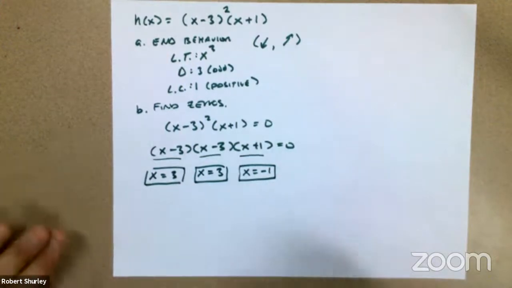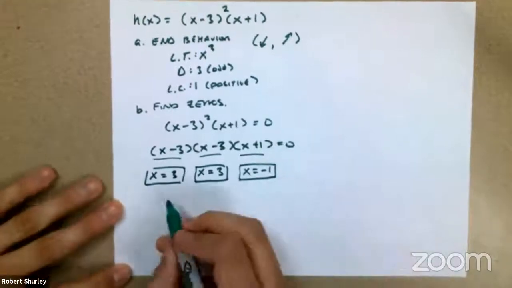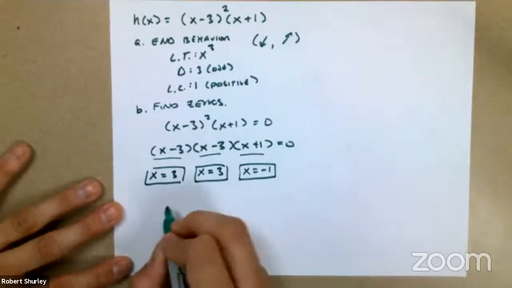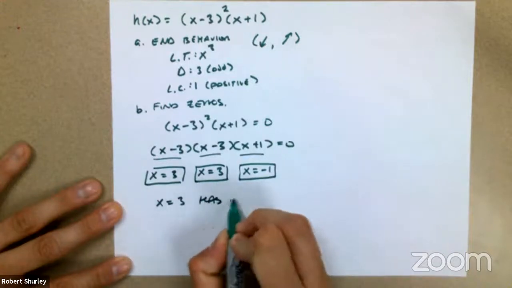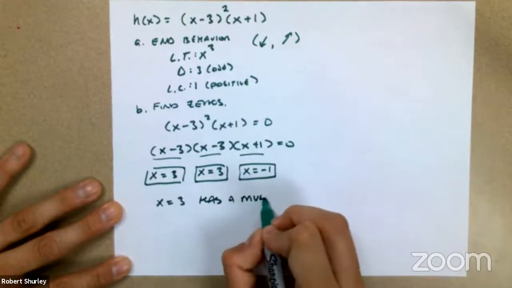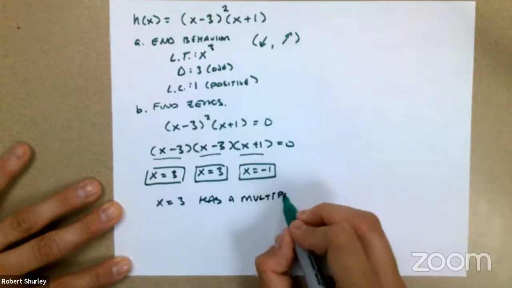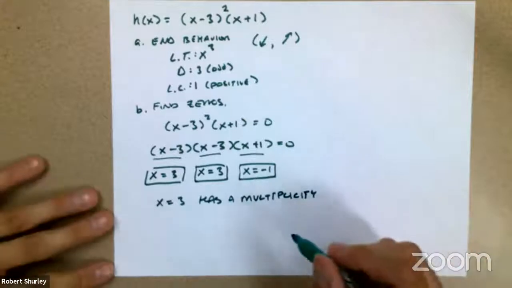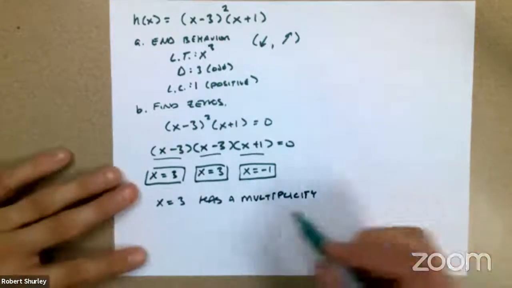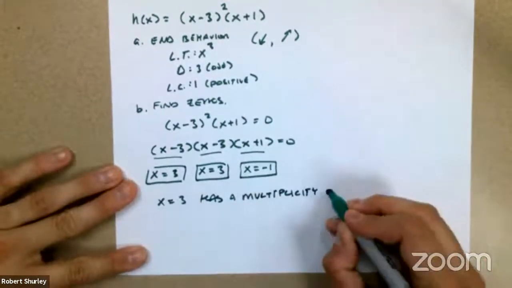So I'm going to park it right here for a second. I would write this in this manner. I think your book writes it like this. X equals 3 has a multiplicity. It's not just a bad 90s movie with Michael Keaton. If anybody gets that reference, you get brownie points as well.